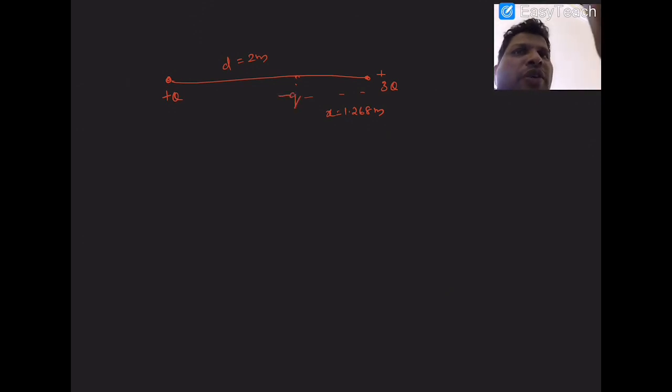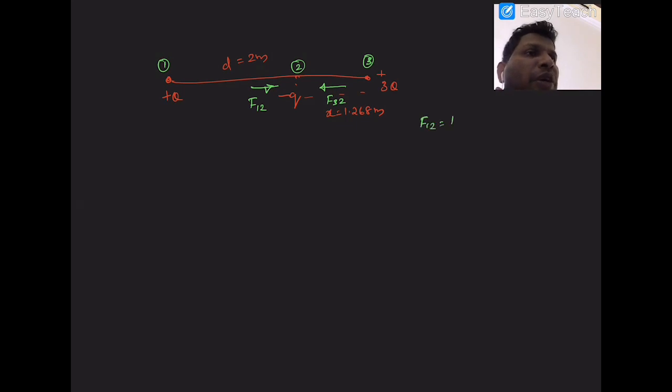Now you can see that minus q will attract plus q like this, and minus q will attract plus 3q like this. Numbering them 1, 3 and 2, this is the force from 1 to 2, and this is the force from 3 to 2, but there will be other force also, and this will be balancing, so that q will not move.